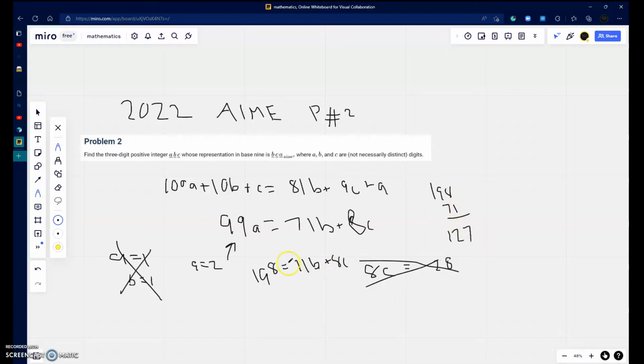So if we try B equals 2, then we have 142, which will give us 56, and 56 is a multiple of 8. So we have A equals 2, B equals 2, and C equals 7. So our final answer is 227, and we're done.